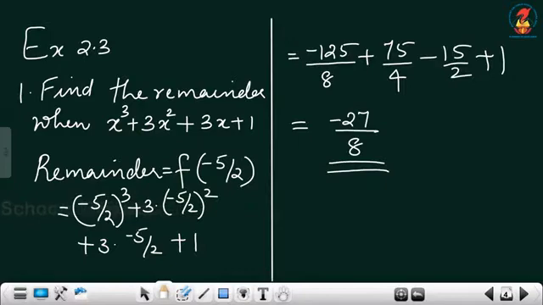This is the remainder obtained when this polynomial is divided by 2x plus 5.